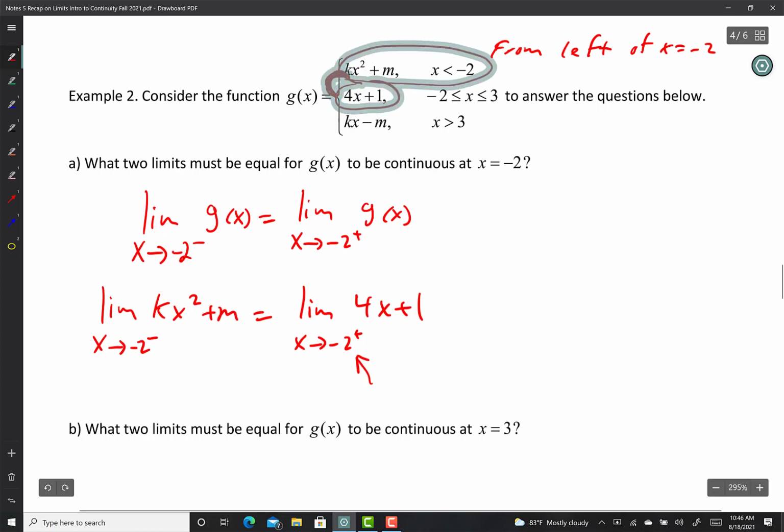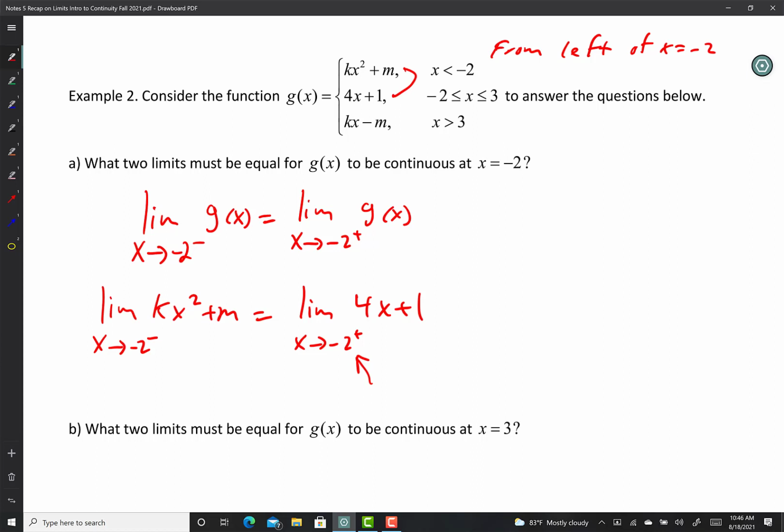So when this one stops, the other one better start. And it can't be the other one, because the other one's for 3. So these two expressions at negative 2: at negative 2, I stop drawing the kx squared plus m, and I start drawing the 4x plus 1. So at negative 2, those better have the same y value if I want to be continuous. Does that make sense?